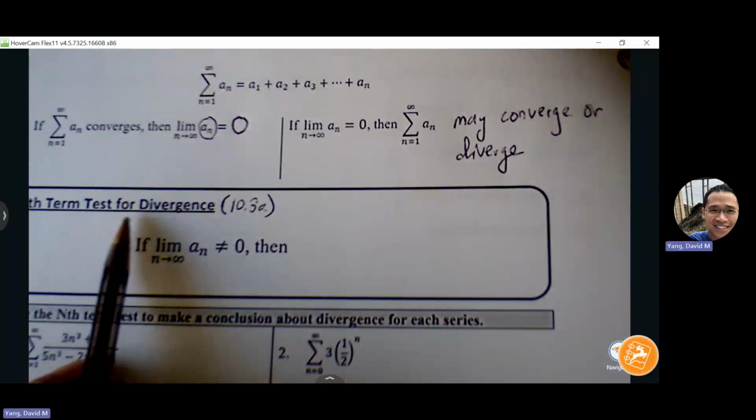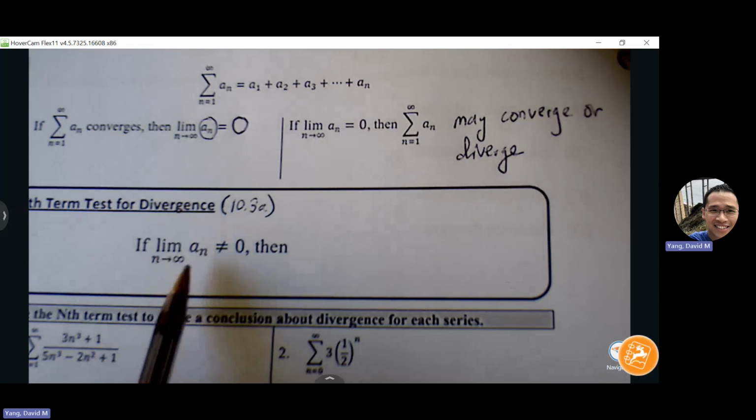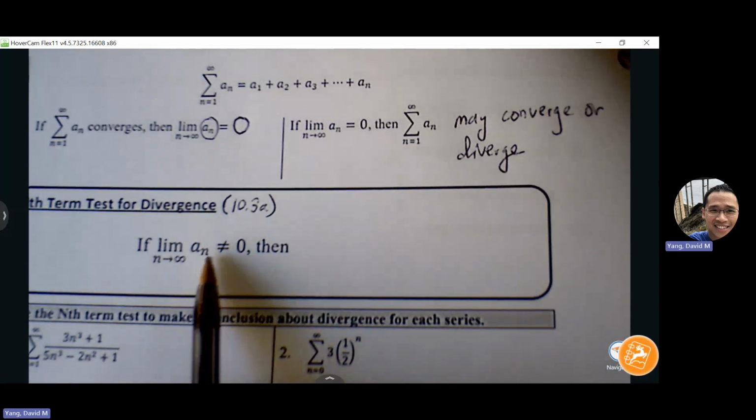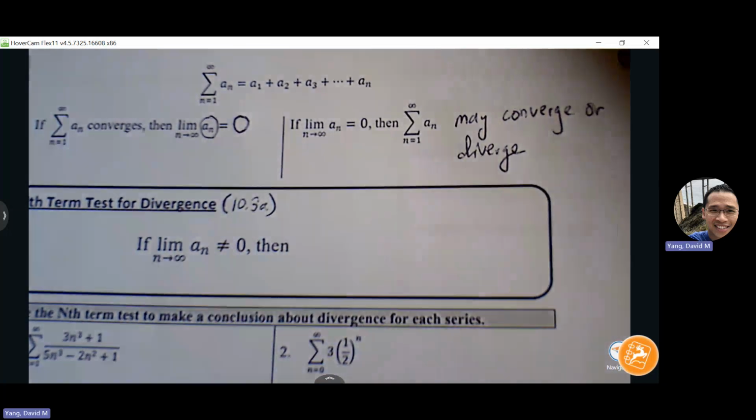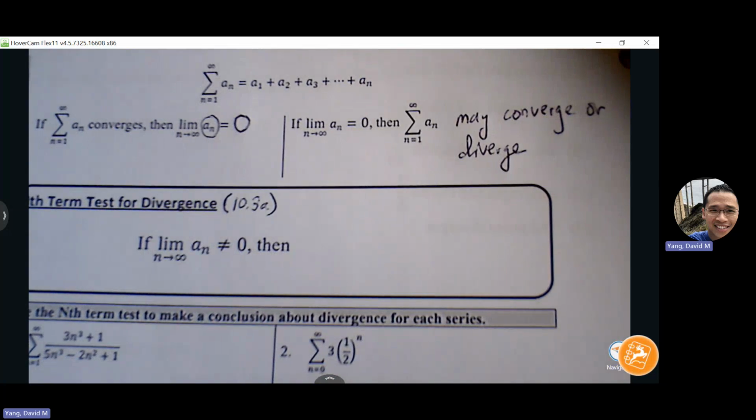So we have this nth term test for divergence, which says that if the terms of my sequence are not getting closer towards 0, then I can absolutely say for certain that the series will diverge.